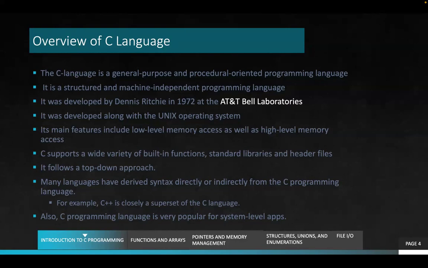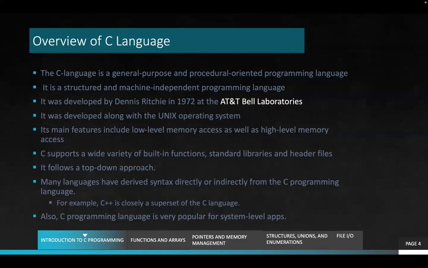Many languages were written after C language. They were derived from it. The basics of the programming language are derived from Algo. Algo is nothing but algorithmic language, the first programming language developed.